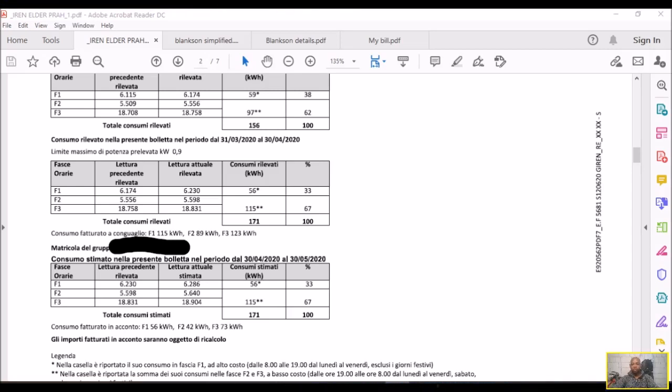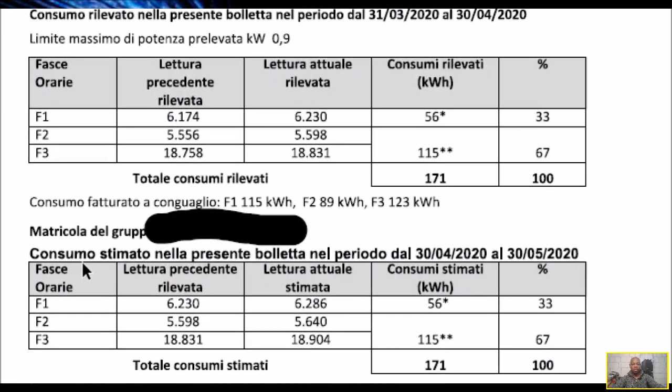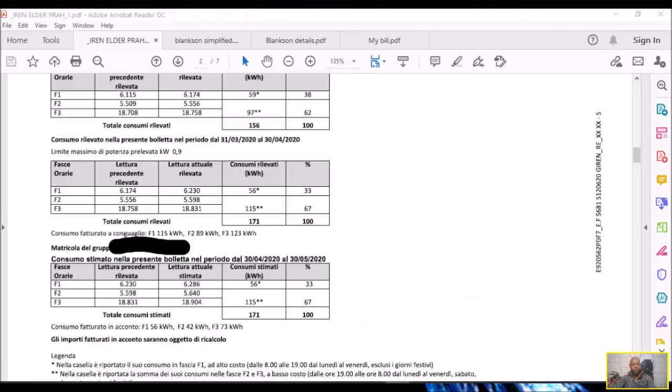This bill is supposed to be a 2-month bill, not a 3-month bill. So what happened? From 30th April to 30th May, which was not supposed to be part of this bill, they calculated it as consumo stimato, which simply means they assumed that within the next month, these are the figures you are going to consume.